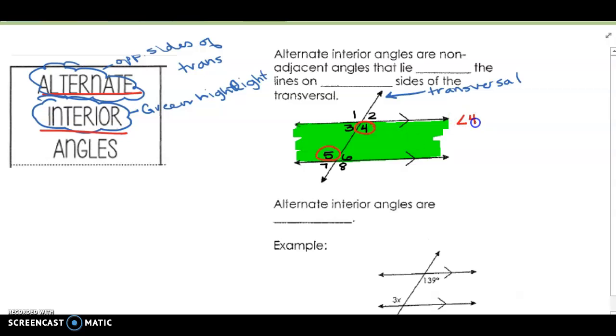So angle 4 and angle 5 are alternate interior angles. Okay, there's one more pair. I want you to try to figure out which one it is. All right, so 3 and 6 are also alternate interior angles.